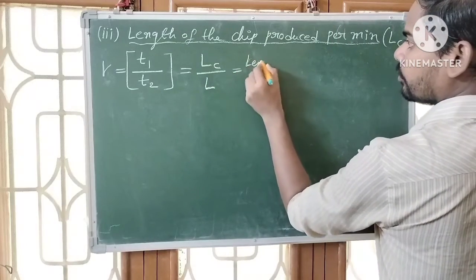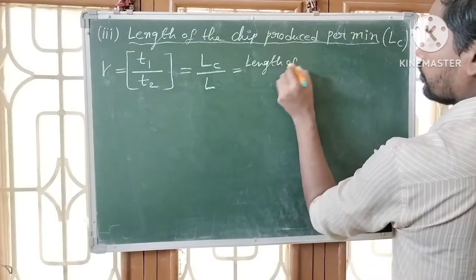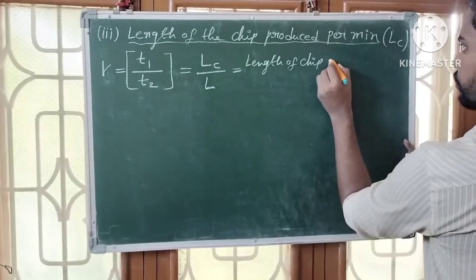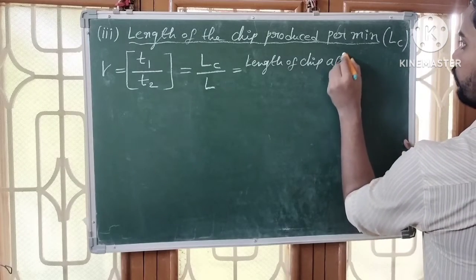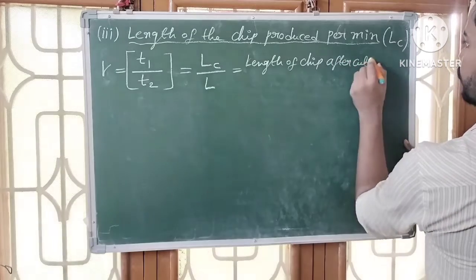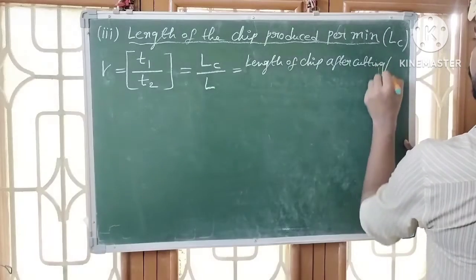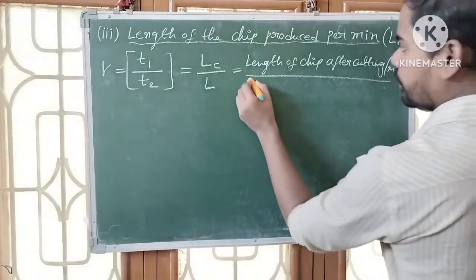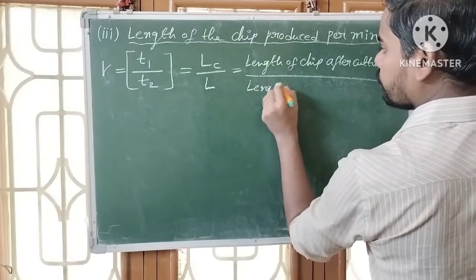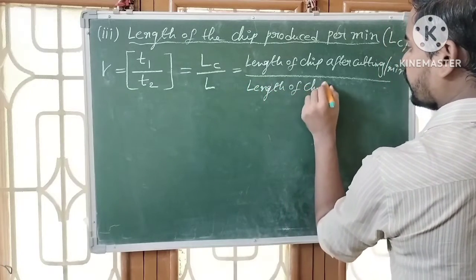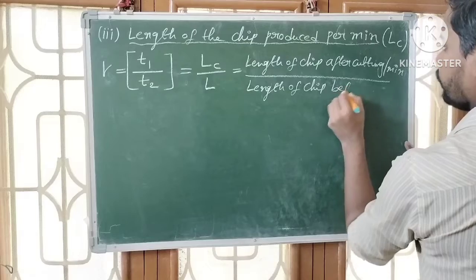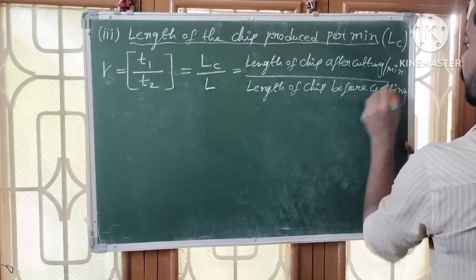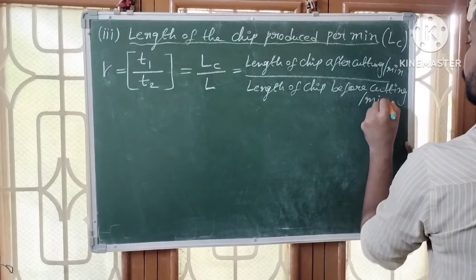What is LC? The length of chip after cutting per minute. L means the length of chip before cutting per minute.